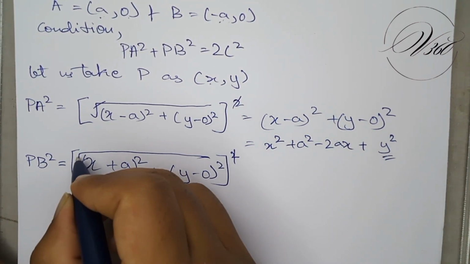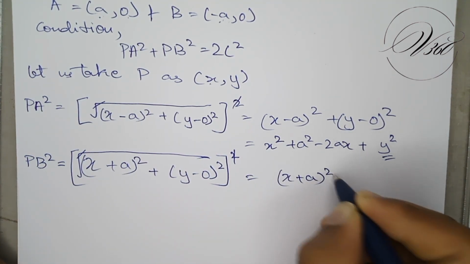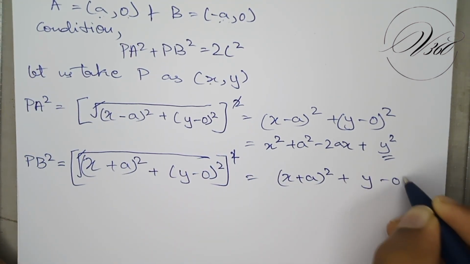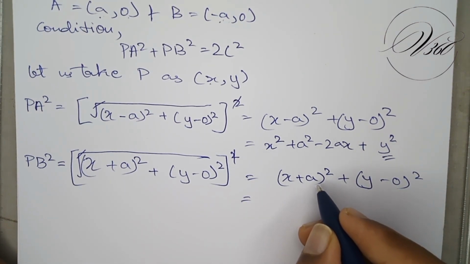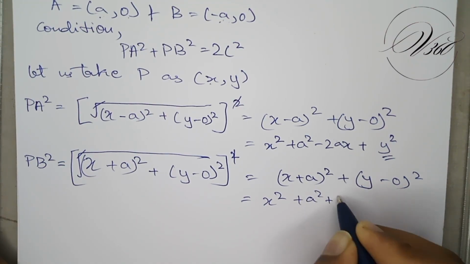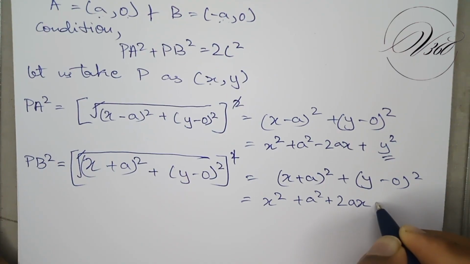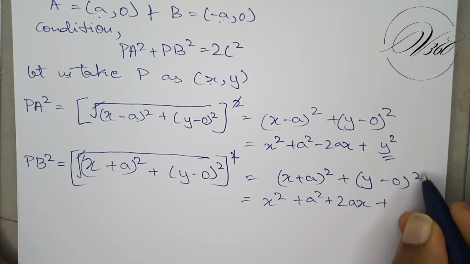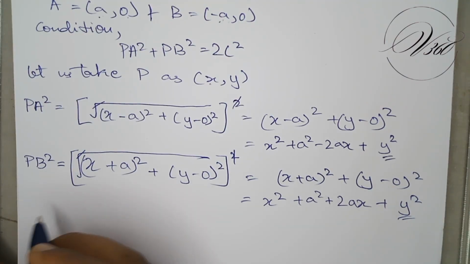Now squares and roots get cancelled. Now we'll get (x plus a) whole square plus (y minus 0) whole square. Now by the (a plus b) whole square formula, x square plus a square plus 2ax, plus y minus 0, which is y square. Okay, this is PB square.